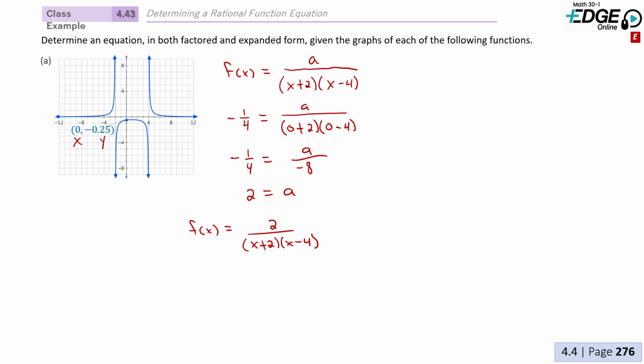The last thing we're going to do is write this in expanded form. That just means we need to expand the factors in the denominator. So this would be f of x is equal to 2 over, and then this would become x squared minus 2x minus 8.